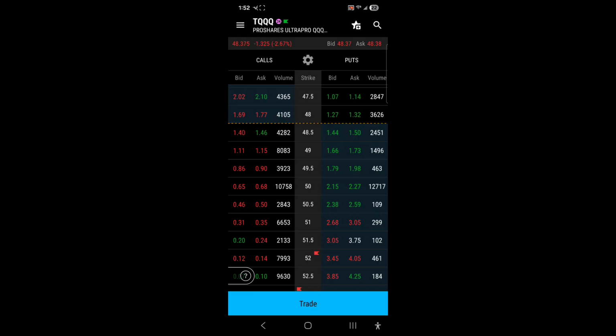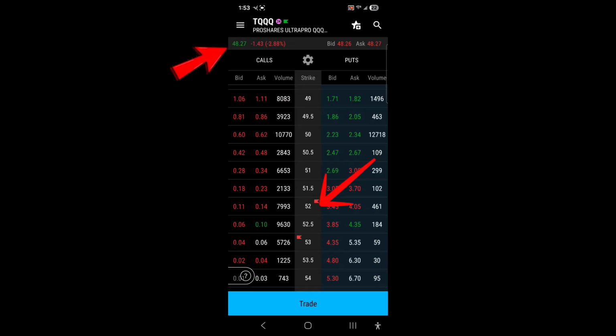If I'm selling the calls, then I might have to, if the stock price of TQQQ is going to go up to 52, to the price of 52 per share. All these numbers are calculations of its risk reward value. It shows here, if I choose to sell a policy at strike 52, I will get 12 cents times 100.